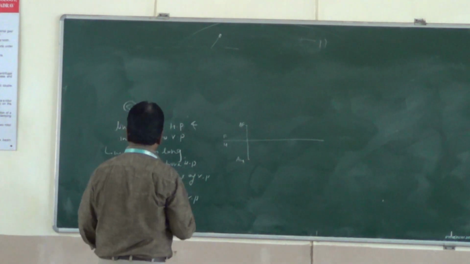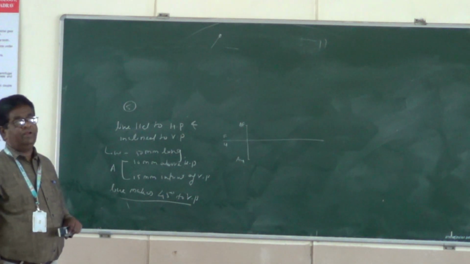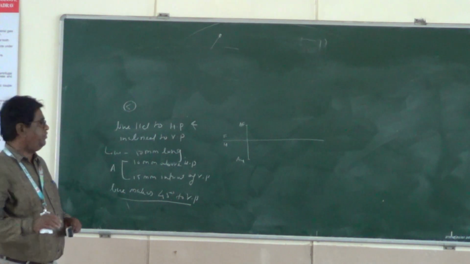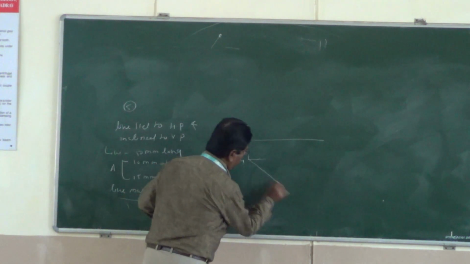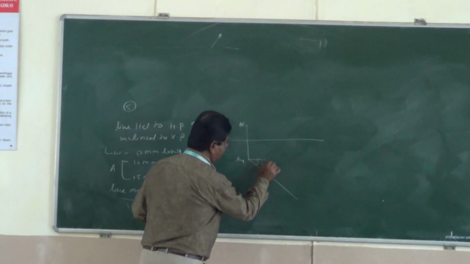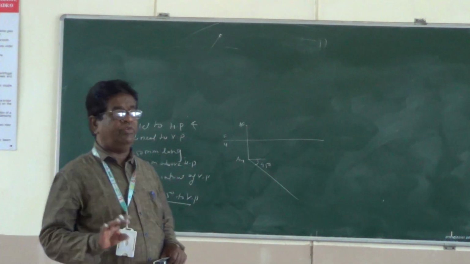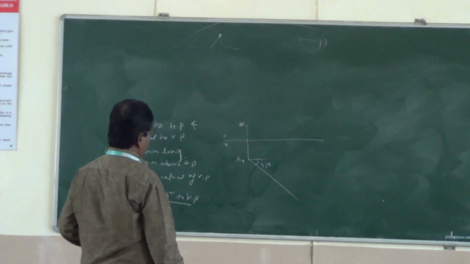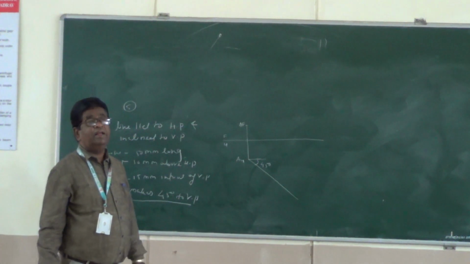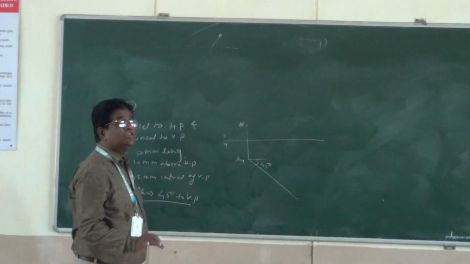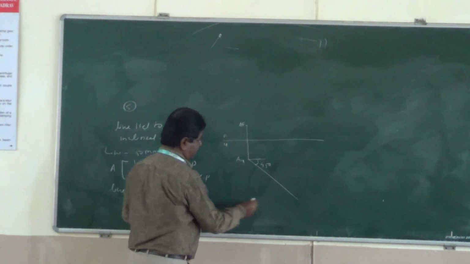Now this line makes 45 degrees to VP. So this angle is observed in the top view. So here we can take an angle of 45 degrees. The angle made by line with VP is observed in the top view. Isn't it? Now, at 45 degrees we have drawn this line. What about this line? This line is the direction of the length of the line. So the true length is given as 50 mm.